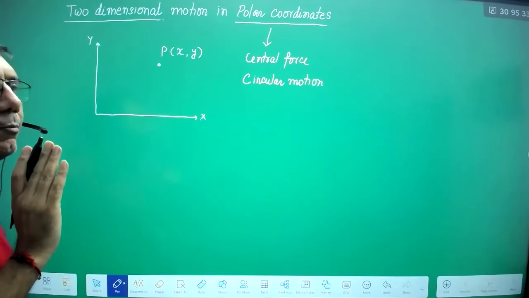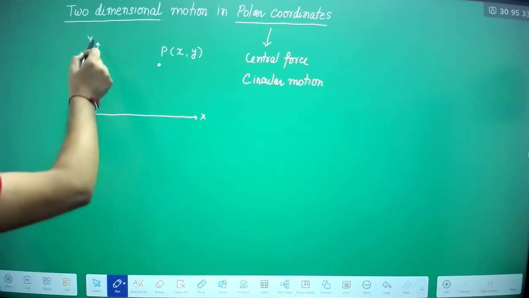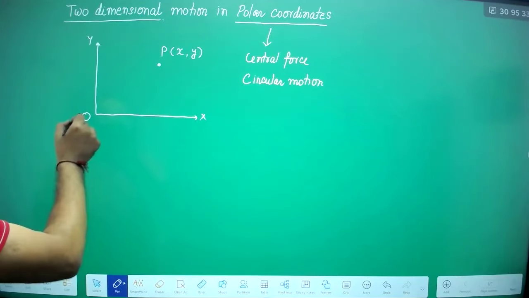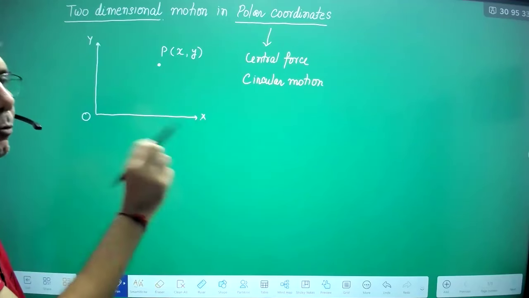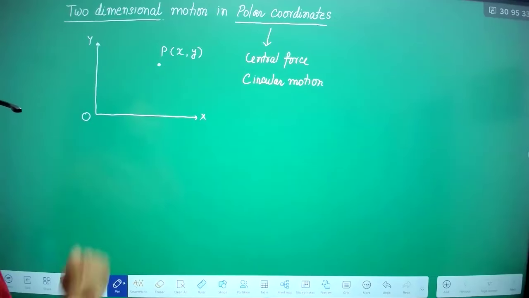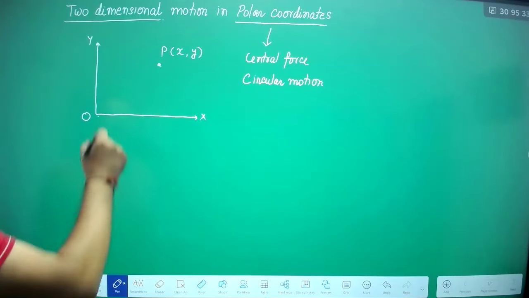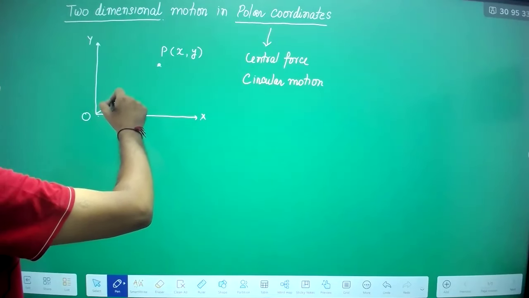When you are studying a problem in two dimensions, this will be the x-axis, this will be the y-axis, and here will be the origin. Any particle or point in this two-dimensional plane is represented by x, y. So first, how to write its position coordinate or position vector.